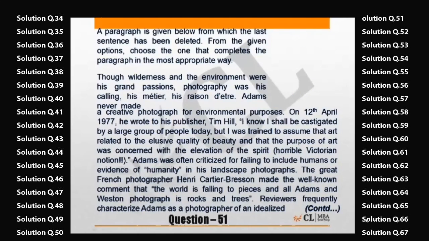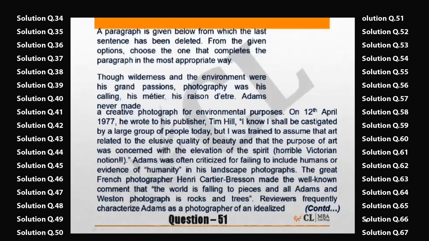So getting on with the analysis, let's turn our attention to the verbal part and come up to question number 51 of mock test 1. Now, as far as para-completion questions are concerned, it is vital to draw out the theme and tone of the text in order to guess the continuation of the given passage.